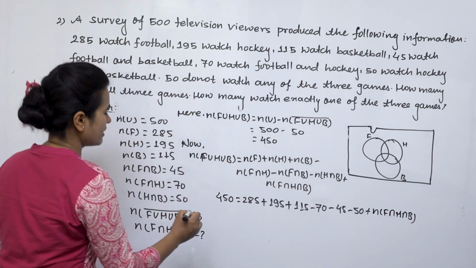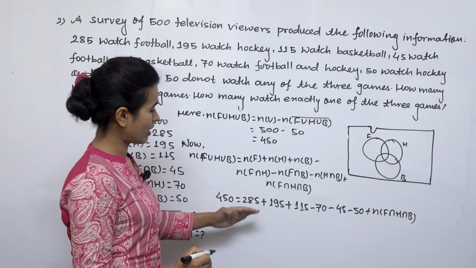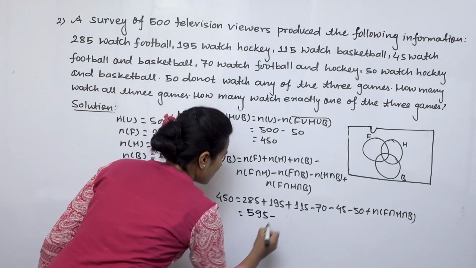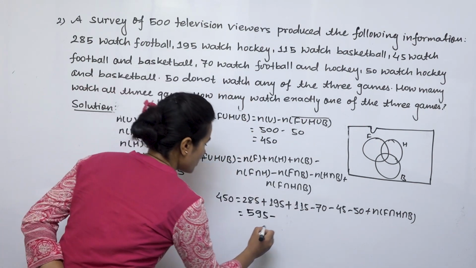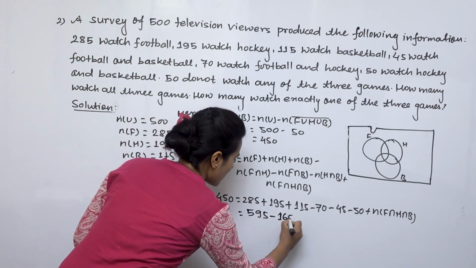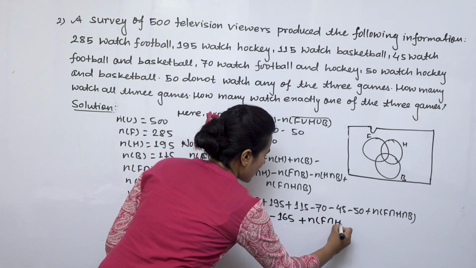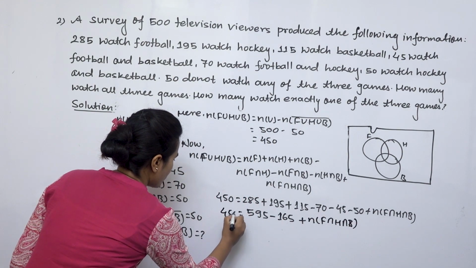Now let's calculate. The sum of 285, 195 and 115 is 595, minus the sum of 70, 45 and 50 which is 165, plus n(F intersection H intersection B). Here we have 450.